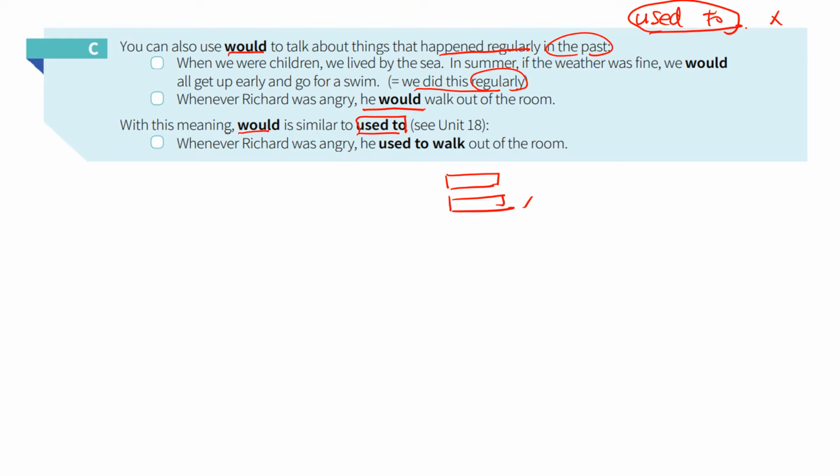But if you want to emphasize that you're not doing it anymore, you need to use used to. So in a way, would and used to are very similar, but if you want to emphasize no more, you use used to.